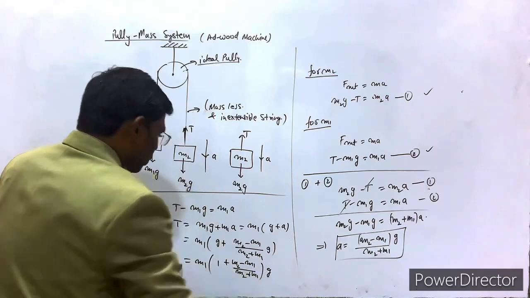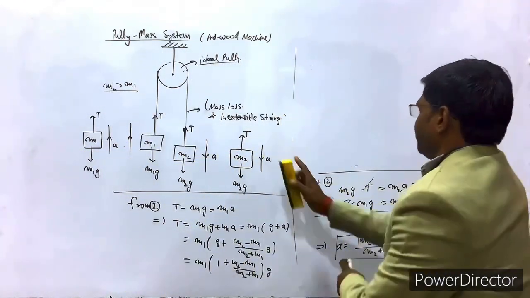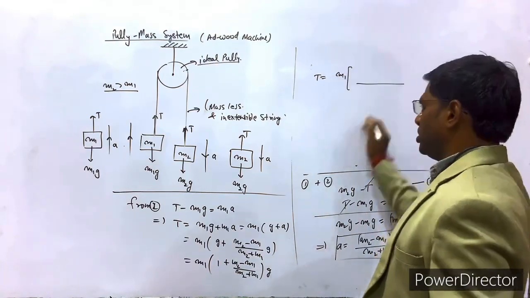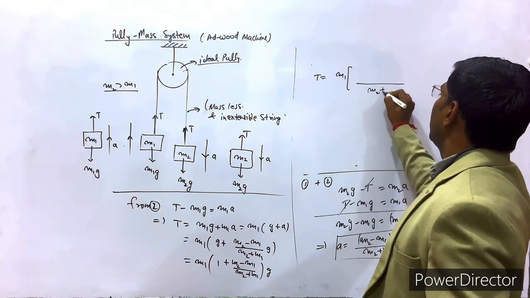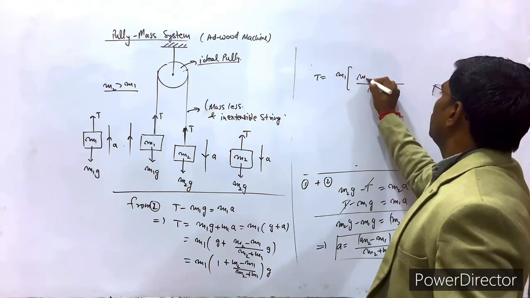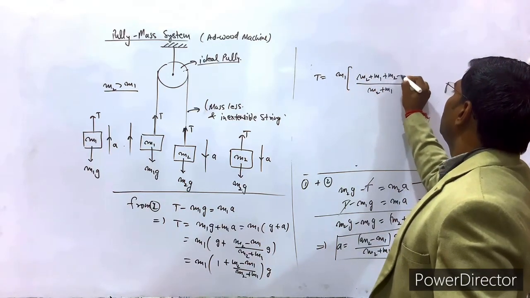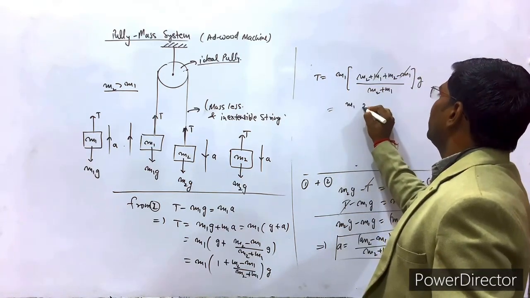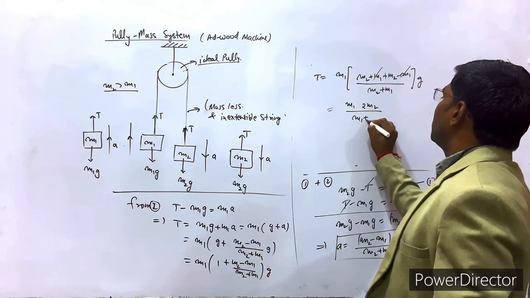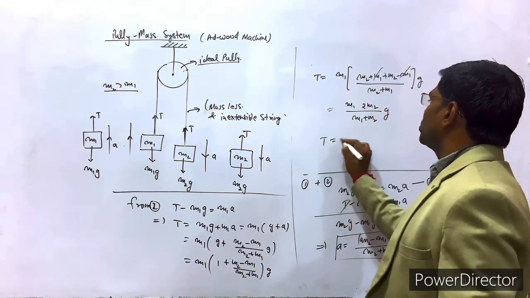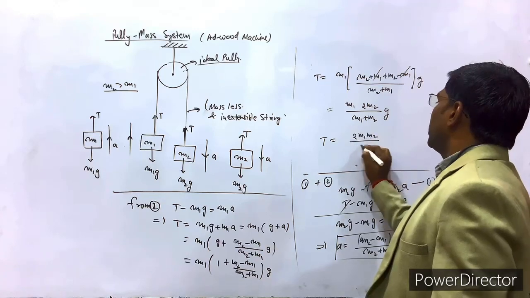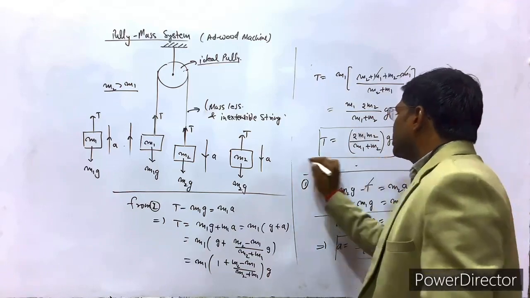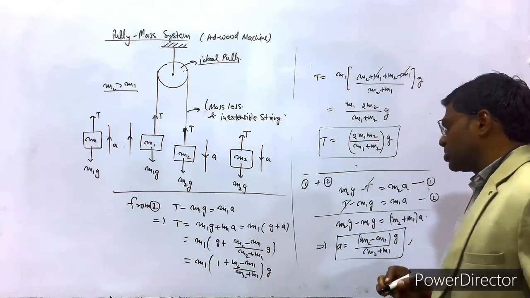Here you can find the tension, with M1 outside. If you simplify this, (M2 plus M1 plus M2 minus M1) into G, you will get M1 into 2M2 upon (M1 plus M2) into G. So the tension is 2 M1 M2 upon (M1 plus M2) into G. This is the tension in the string, and this is the acceleration of the block.